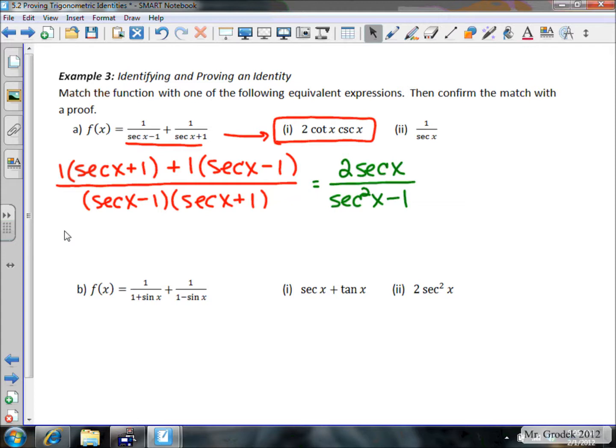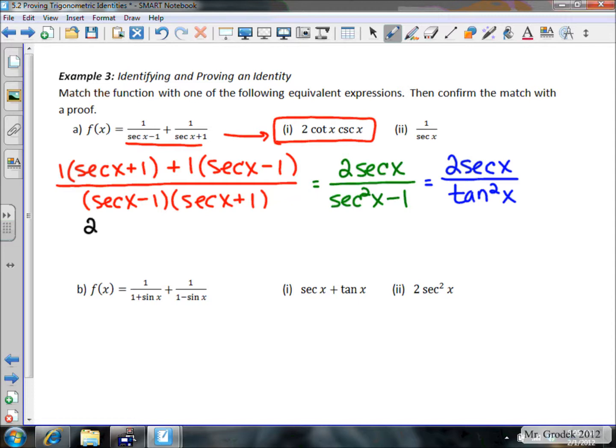From our Pythagorean identities, we can see that secant squared x minus 1 is actually equal to tangent squared x. We also know that tangent squared x is really sine squared over cosine squared. Secant x is 1 over cosine.